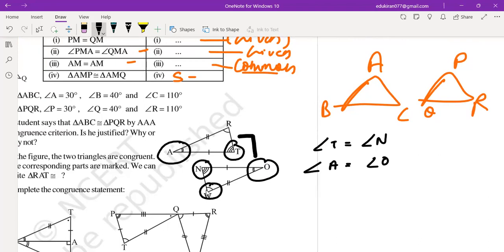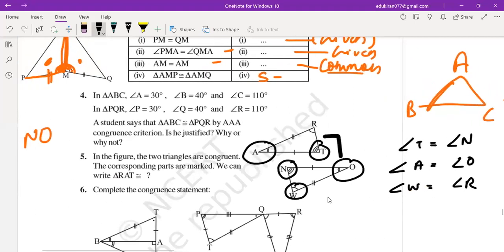And angle W is equal to angle R. Now, basically, over here they are not asking you the criteria, which criteria you are using. They are asking you if it is RAT, right? Then what will you write over here?